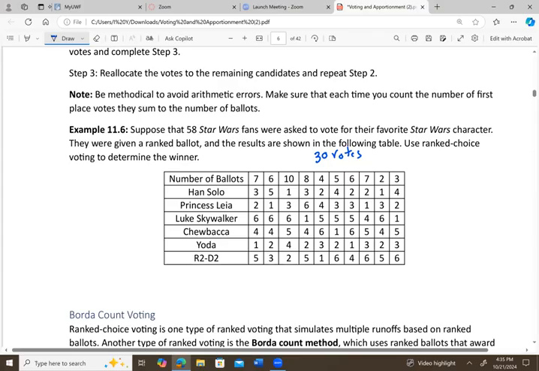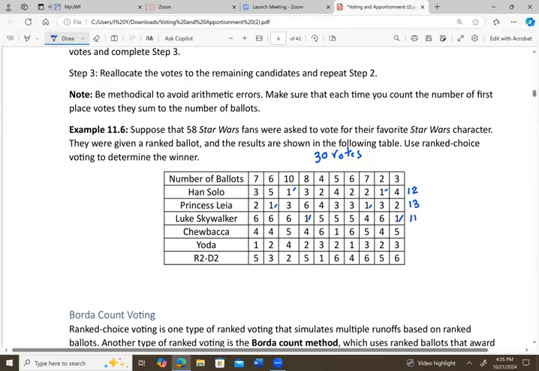So let's see. Here we have Han Solo with 10 and 2 for a total of 12. Here we have Princess Leia with 6 and 7 for 13. Here we have Luke with 8 and 3, sorry, for 11.